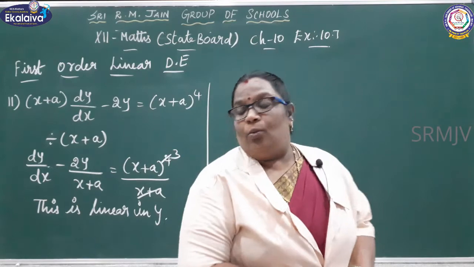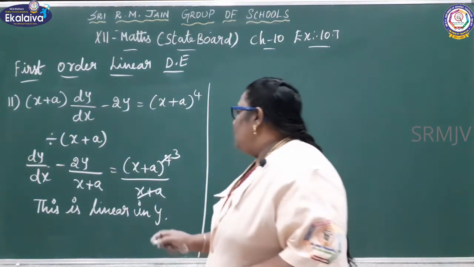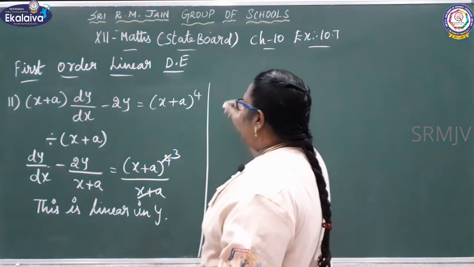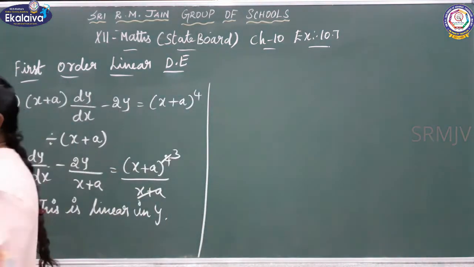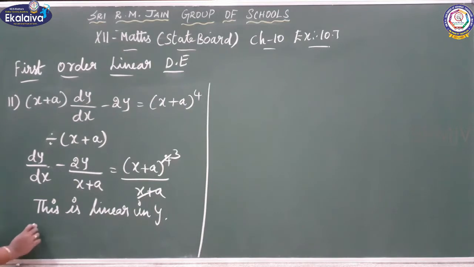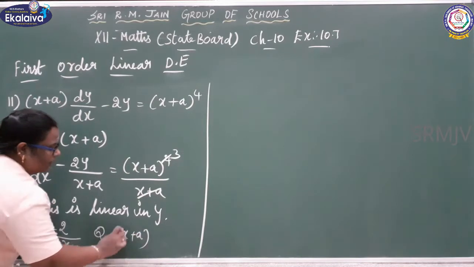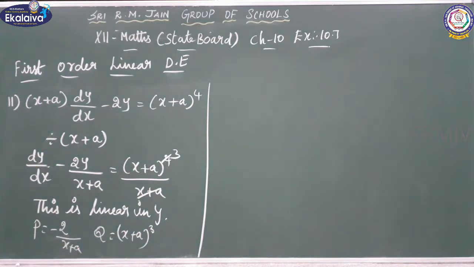So p equal to minus 2 by (x plus a), and q equal to (x plus a) the whole cube.